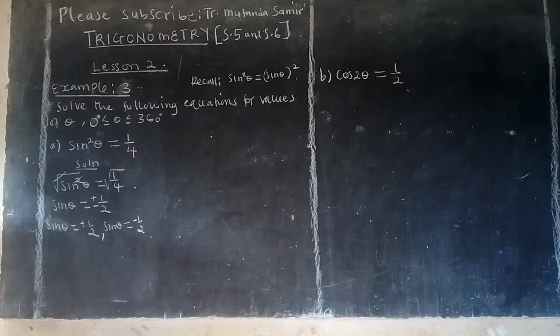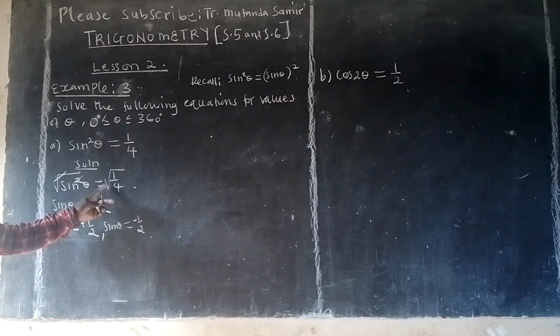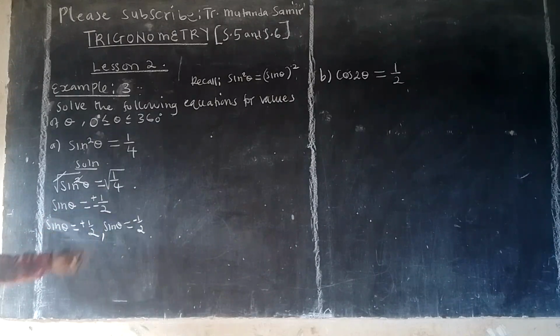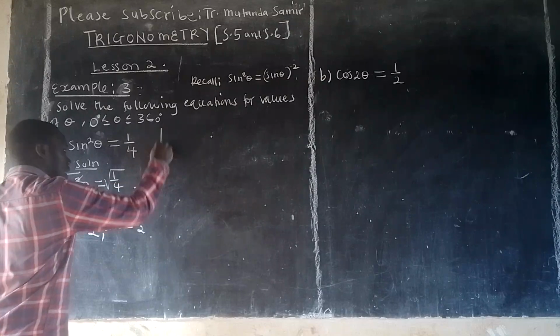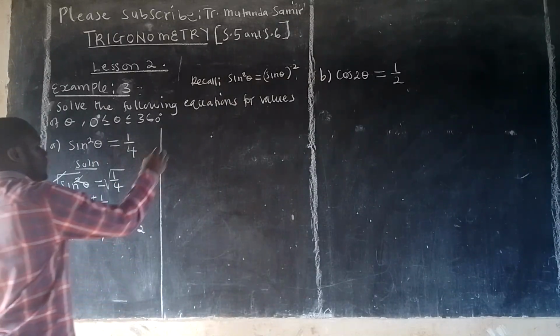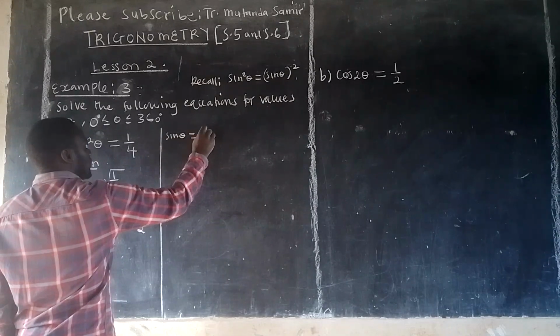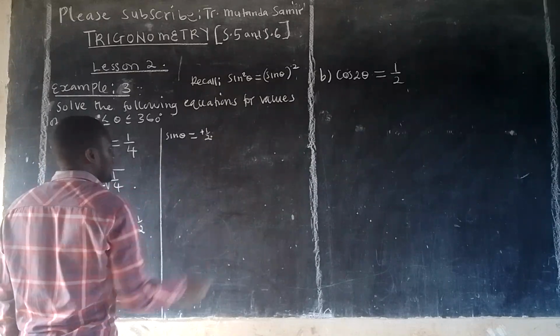Take note, always whenever you are introducing your own square root, you must attach a positive and a negative. All right, good. Now, let's come and handle this. First case, when sine theta is equal to positive a half, what are we going to have?